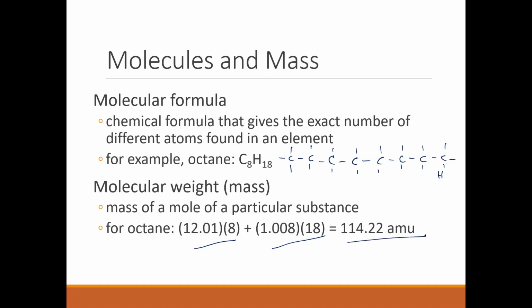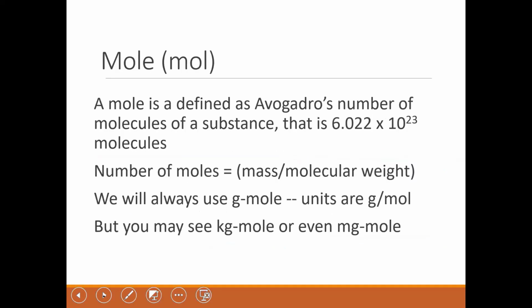So the molecular mass of octane is 114 atomic mass units, or we will often write this as grams per mole. A mole is defined as Avogadro's number of molecules of a substance, and that is 6.022 times 10 to the 23 molecules.